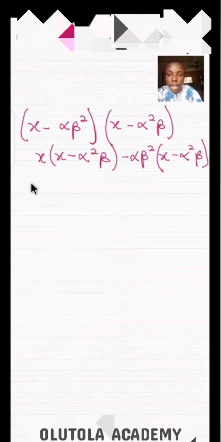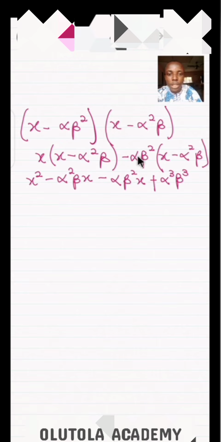So we have x squared, x times x is x squared, minus alpha squared beta x, minus alpha beta squared x, and this times this will give us plus alpha cubed beta cubed, because minus times minus is plus.